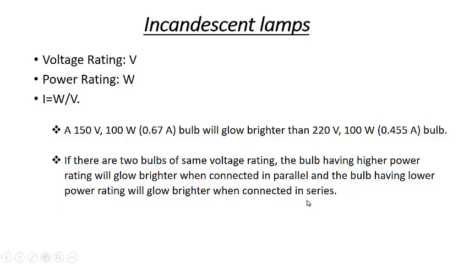We discussed this by calculating their resistances, seeing their power rating and how much current they will draw. As per that analysis, when the bulbs are connected in parallel with the same voltage rating, the bulb that has the higher power rating will glow brighter, and when they are connected in series, the bulb having the lower power rating will glow brighter.